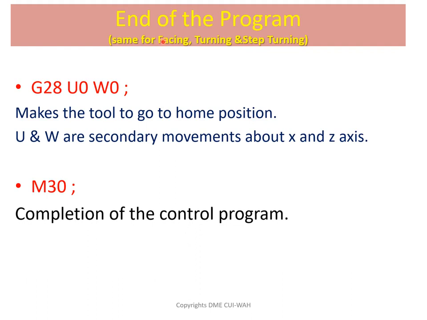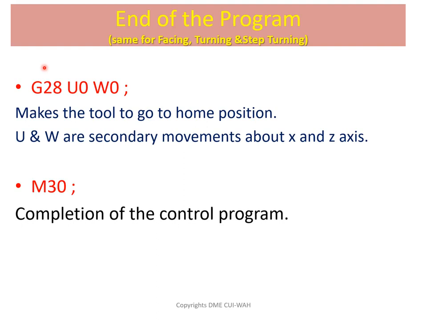G28, if by chance you have not used G00, then G28 reference point returns the tool first to the G00 position. This is often known as the intermediate position to which the tool is returned. Then after that, it will go back to the home position.